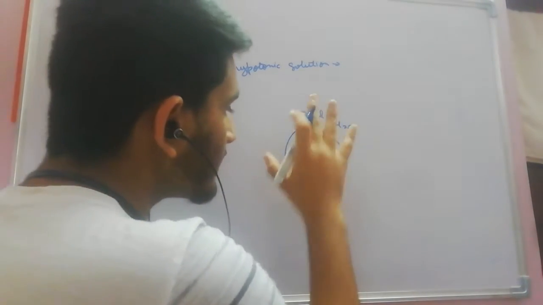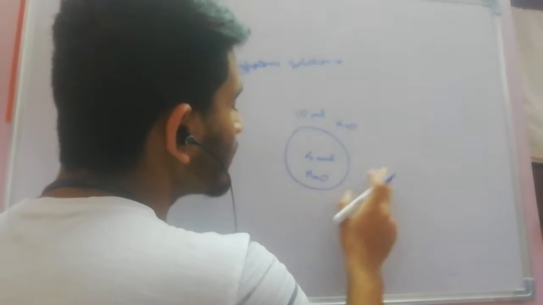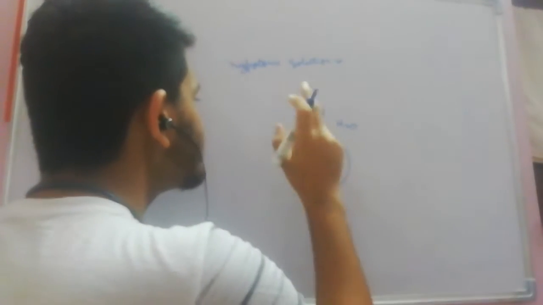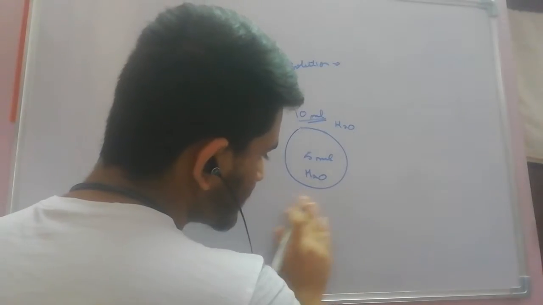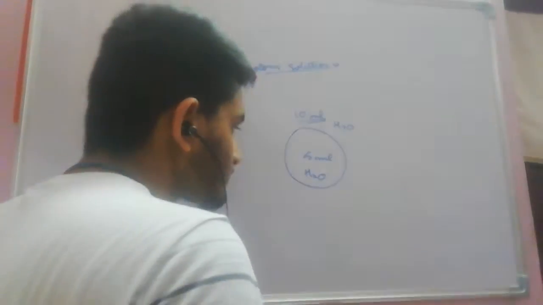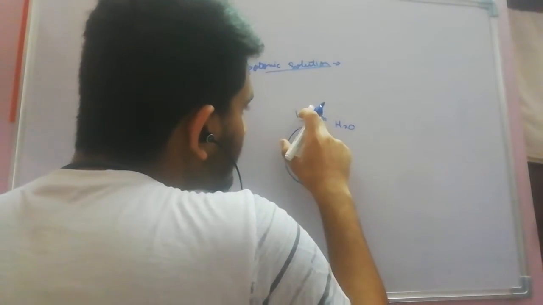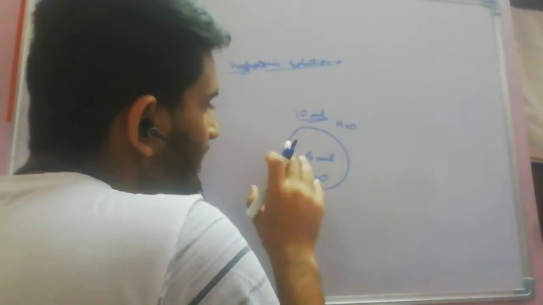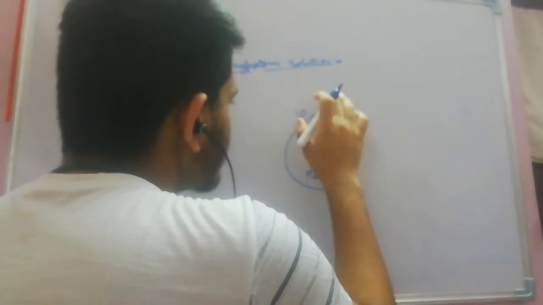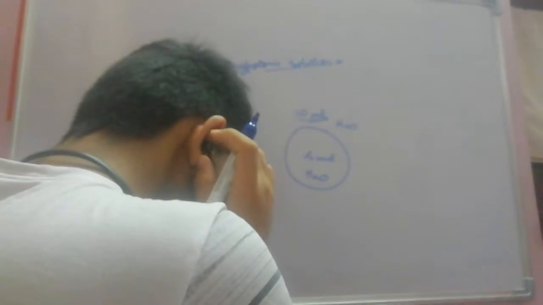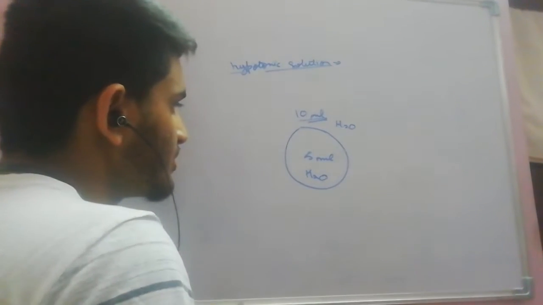This is called a hypotonic solution, where the amount of water outside the cell is more than inside the cell. At this point, the cell will take 5 ml of water from outside to balance the ratio between the outside and the inside of the cell. So this was a hypotonic solution.